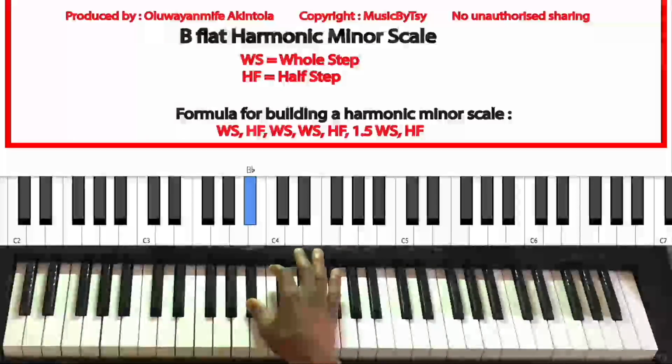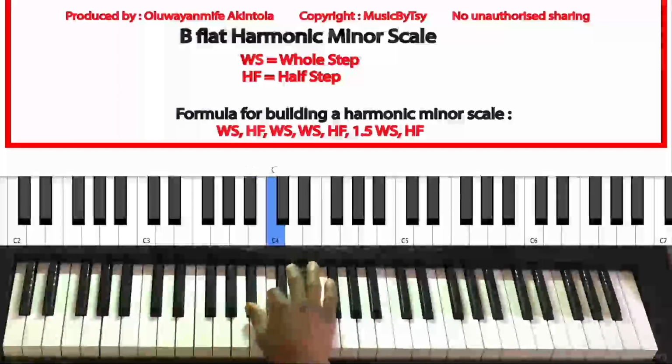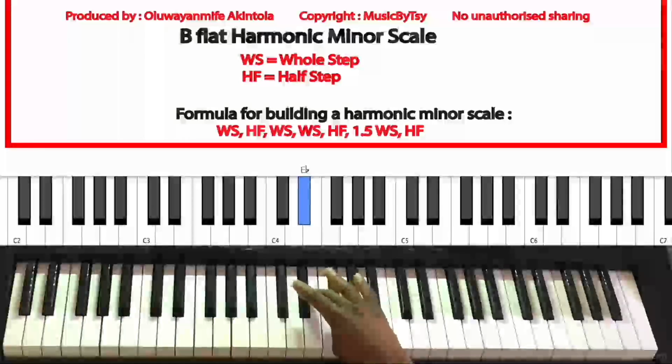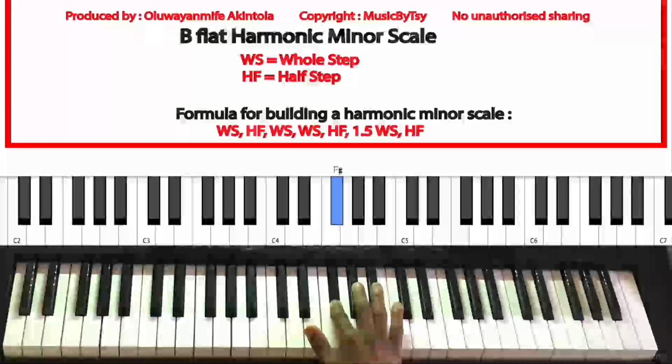So let's count the keys as we move up the scale. Starting from the key of B flat, 1, 2, 3, 4, 5, 6. Now the seventh note would have been the key of A flat if we were building the B flat natural minor scale.